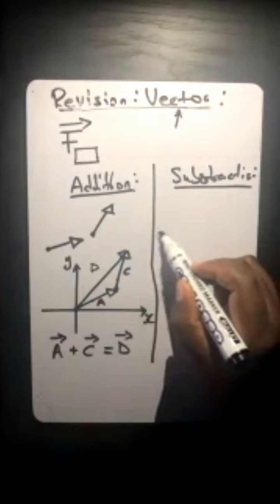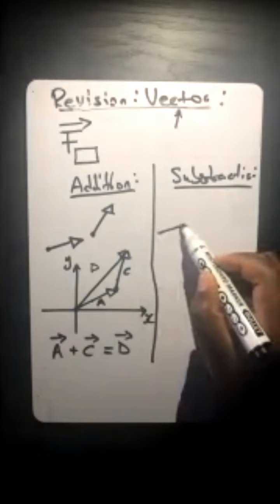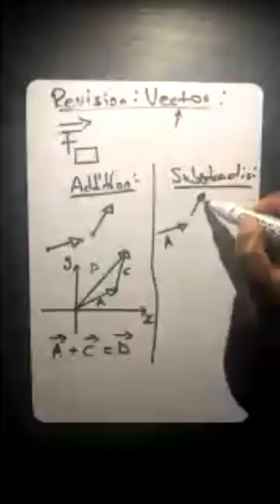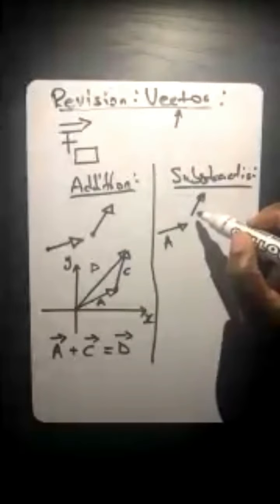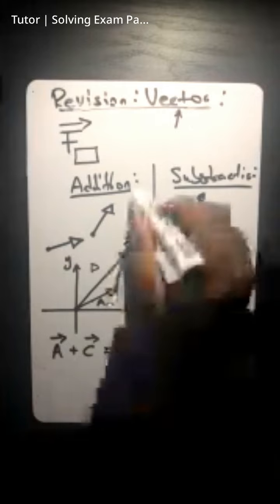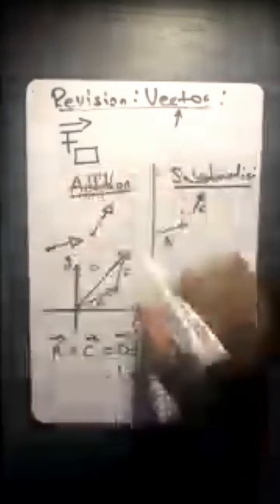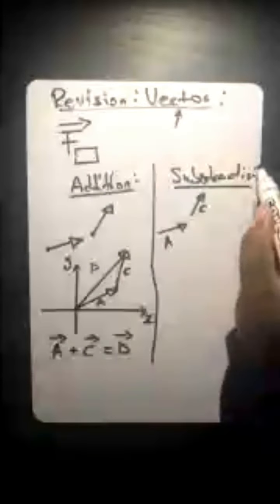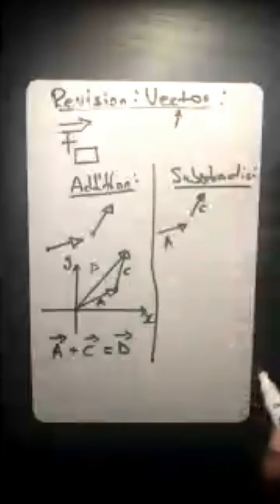Let's say you've got an arrow in that direction, which is vector A, and again we've got another arrow in that direction, which is vector C. So remember, guys, here we're dealing with addition, and here we're dealing with subtraction.